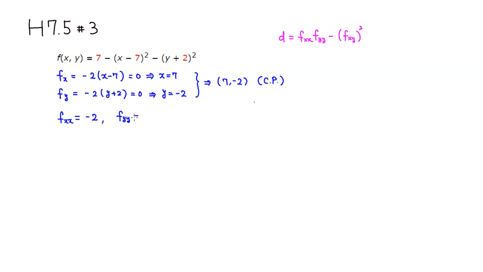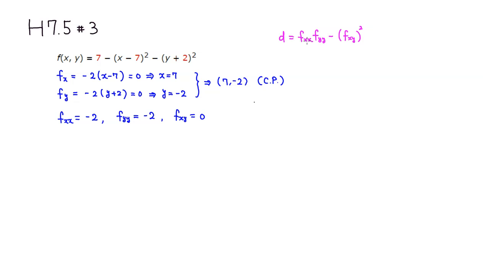A similar deal: negative 2 is a constant multiple, and the partial of this part with respect to y is going to be 1. And how about the mixed partial? You have a mixed partial with respect to x and with respect to y. We take that, and the partial with respect to y is going to be 0.